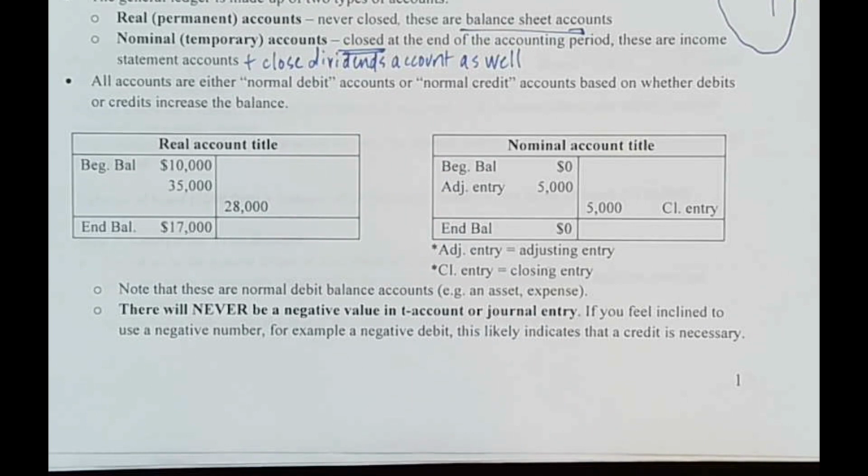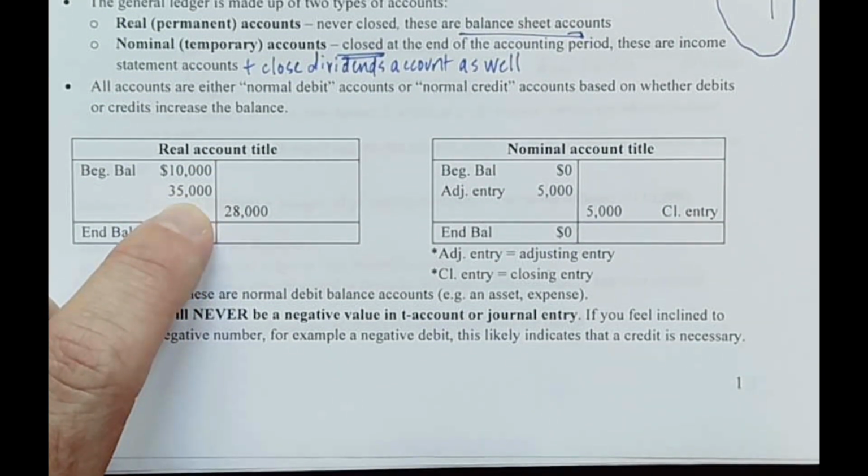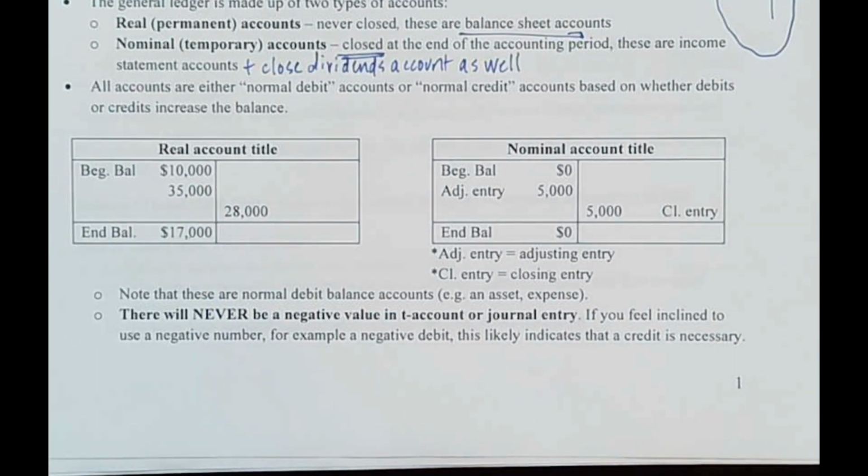If you feel inclined to use a negative number, like negative 35,000 cash debit, then that probably means what you really want to do is credit that account for 35,000. So just be careful with that. Understand that there are no negative values when we're doing journal entries, T accounts, and also trial balances.